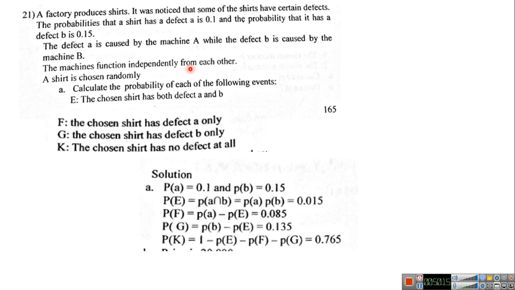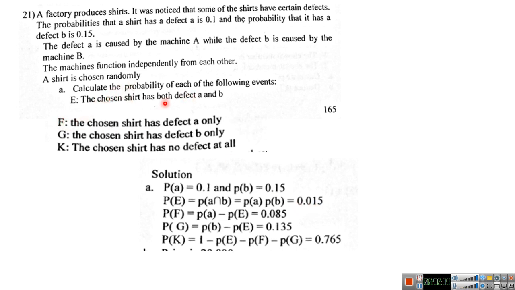So P of A intersecting B is PA times PB, since A and B are independent. They said it's independent. Calculate the probability of each of the following events. The chosen shirt has defects A and B. So it is 0.015.